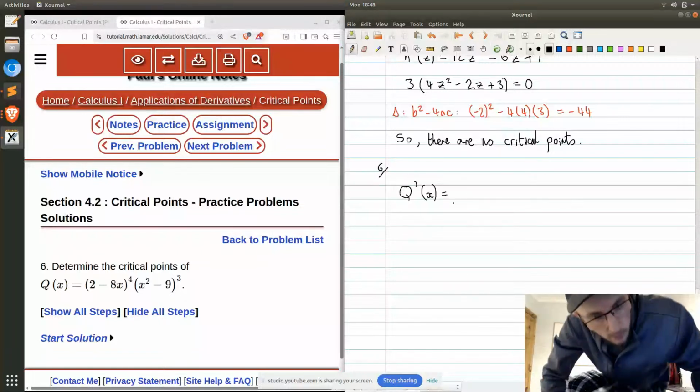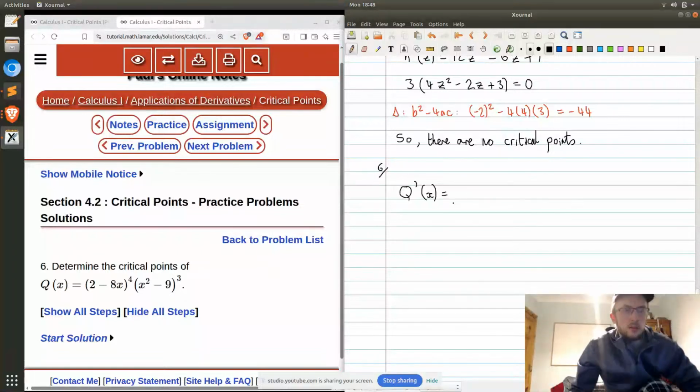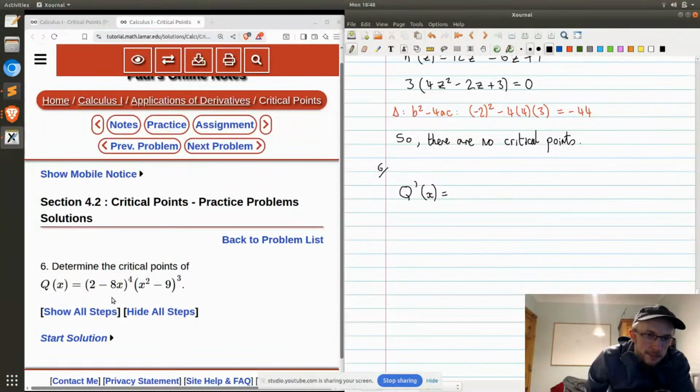To do that, we notice that we have a product, so we'll apply the product rule. So what will come in the front? 4, and then that will be multiplied by negative 8. 4 times negative 8 is negative 32. So that'll be there.